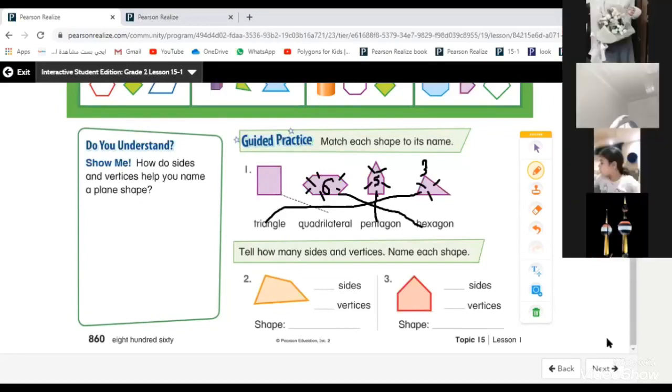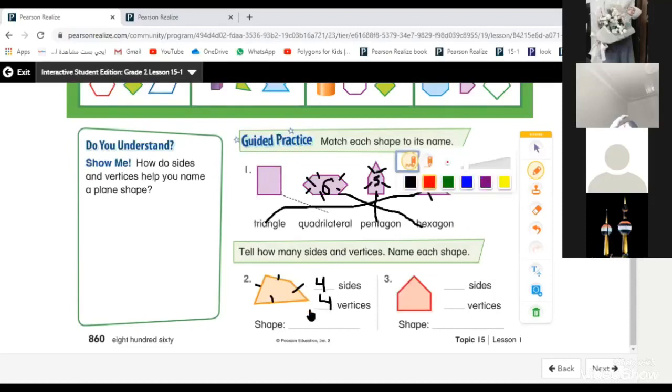Let us answer here. How many sides and vertices? Name each shape. Okay. This one. Count. 1, 2, 3, 4. How many sides? 4. How many vertices? 4. I will mark it in red here. 1, 2, 3, 4 vertices. What do we call this shape?